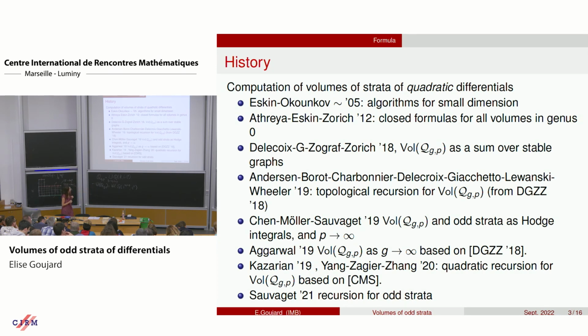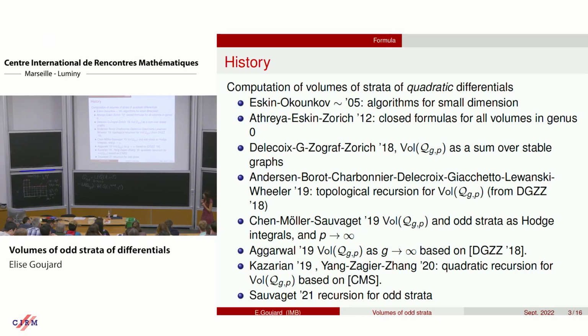and then derived the asymptotics of the volume of these principal strata as the genus goes to infinity. Also, based on the work of Chen, Möller, Sauvaget, there was the result of Kazarian, Zhang, Zhang that gives a quadratic recursion for the volumes based on this expression as Hodge integrals. And I think, I'm not sure, but the last result in this direction is the work of Sauvaget that gives a recursion for volumes of odd strata.